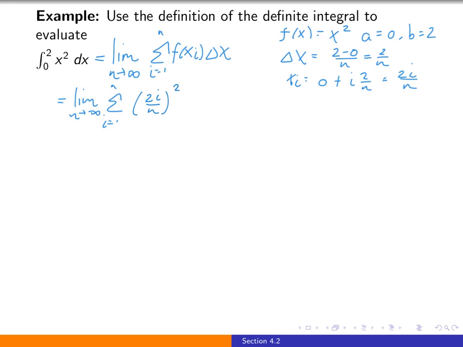So this is corresponding exactly with the f of x sub i. And then we multiply that by delta x, so 2 over n. The 2 over n is the delta x that we see above. And now, the limit and the sum, we're not going to calculate anything immediately with them, but we're going to keep writing them at every step. They come along for the ride, and that means we're going to be using good mathematical notation.